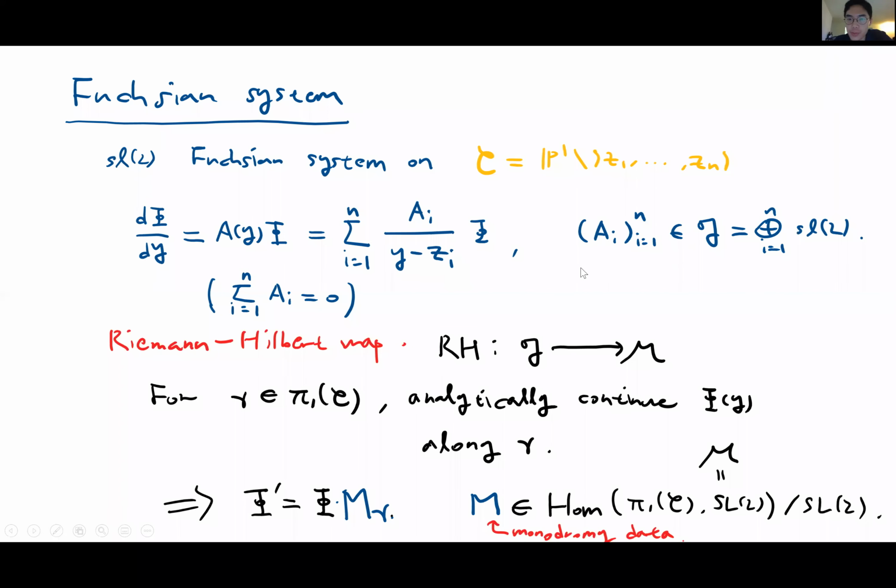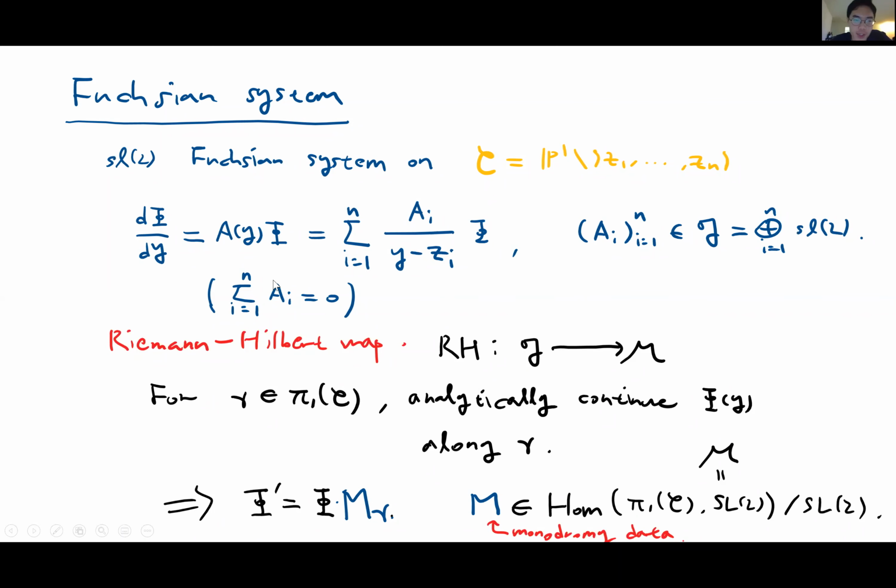This is what I wrote here. And we impose the constraint that the sum of all the Ai sums to 0. This is to impose that there's no additional singularity at the infinity of the sphere. Okay, so this is what a Fuchsian system is.